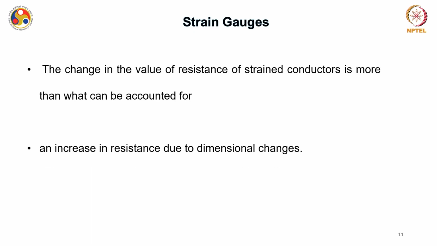Okay. Now the change in the value of resistance of a strained conductor is more than what can be accounted for by an increase in resistance due to dimension changes. Okay.